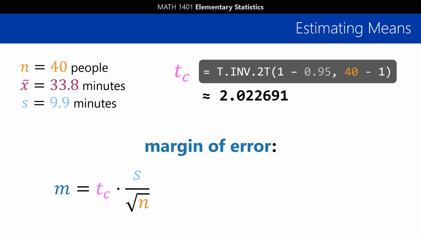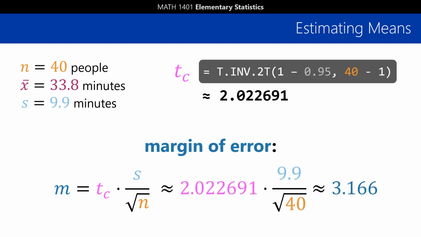From here, now we find our margin of error. Again, the formula is very similar to last time, except we use the critical t-value instead of the critical z-value. And instead of the population standard deviation sigma, we use the sample standard deviation s. Once we run through it, we get a margin of error of about 3.166 minutes.